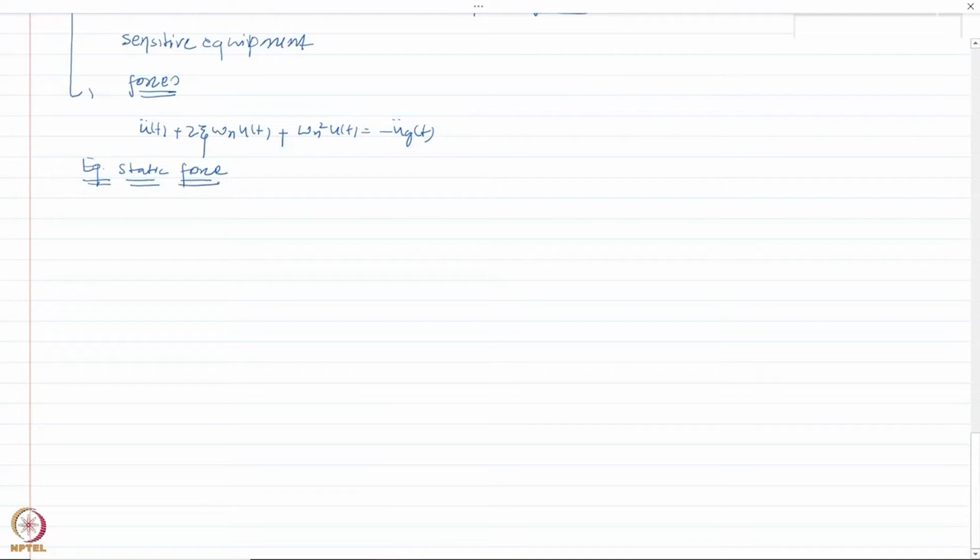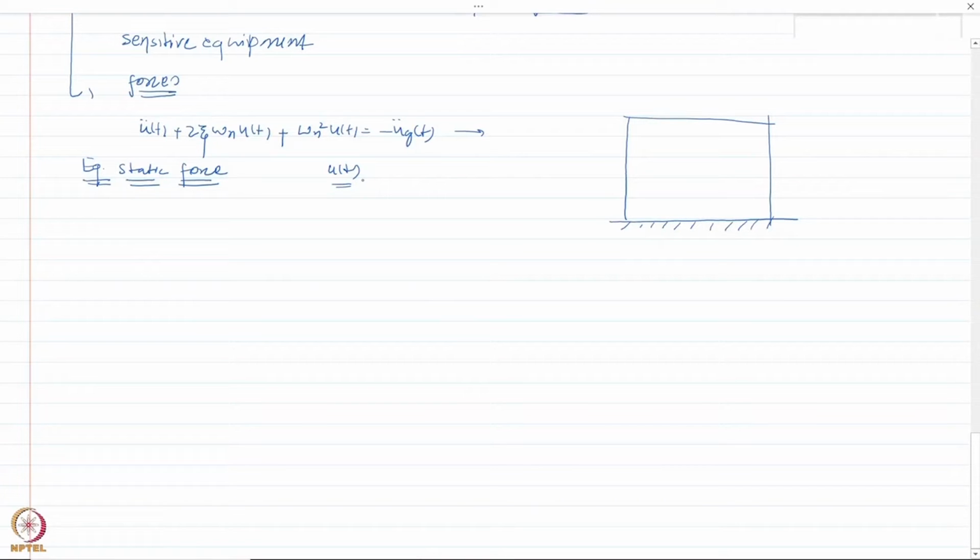Now, as I've told you, the internal forces or stresses in the structure depend only on the displacement, not on the acceleration. So let us say I am able to solve this equation and find out the value of u of t, with any numerical method. Let us say this is my structure and I'm able to find u of t.